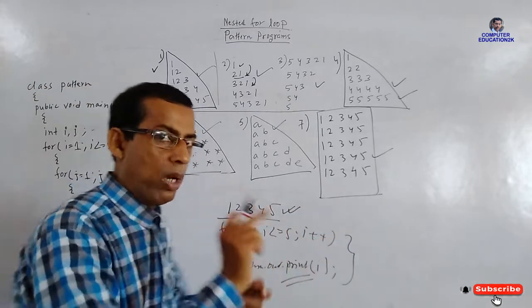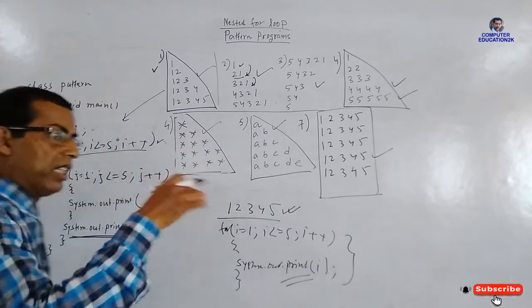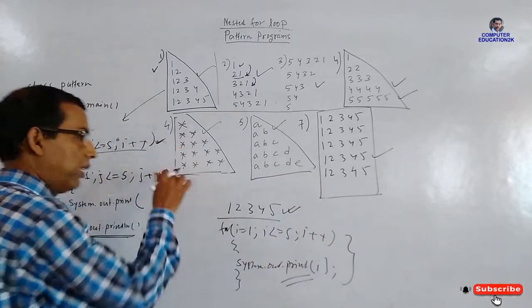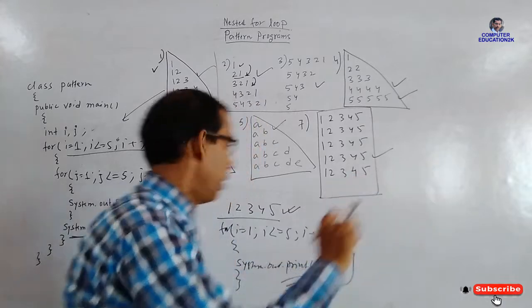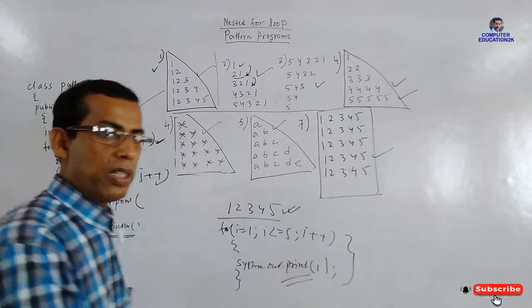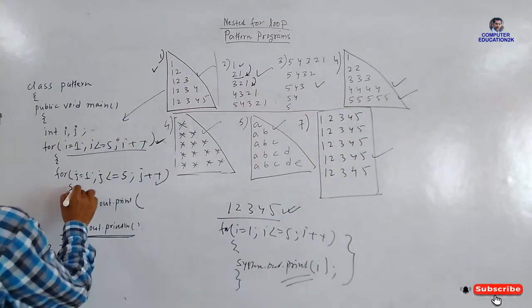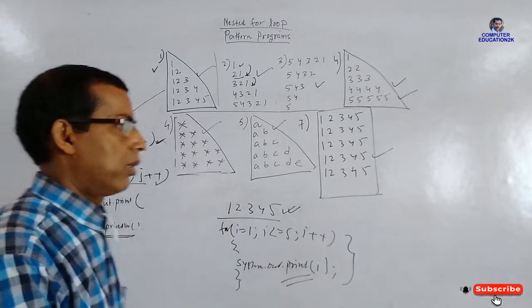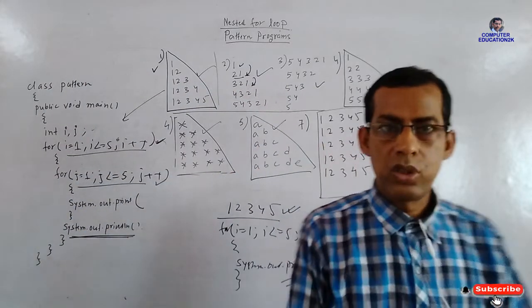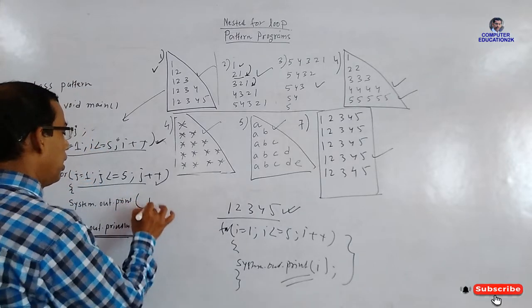This outer loop will take the cursor to each line, and this will print the values in those lines. And then system.out.print J.